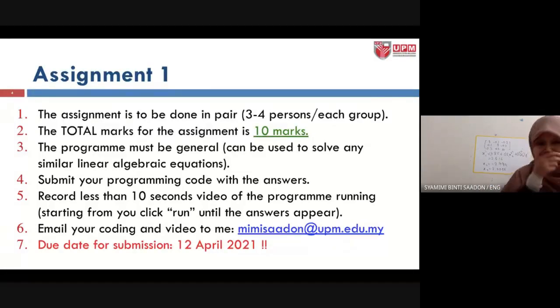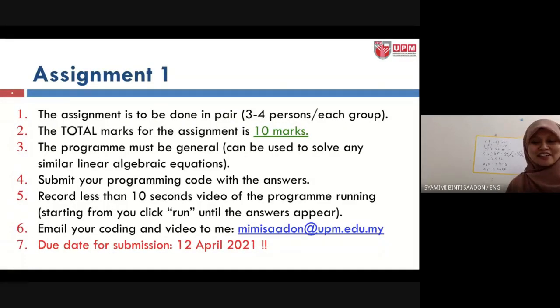Okay, and then record a video of less than 10 seconds of the programming. Just record around 10 seconds, not exactly 10 seconds, plus minus. I just want to see how the program that you coded can be used.